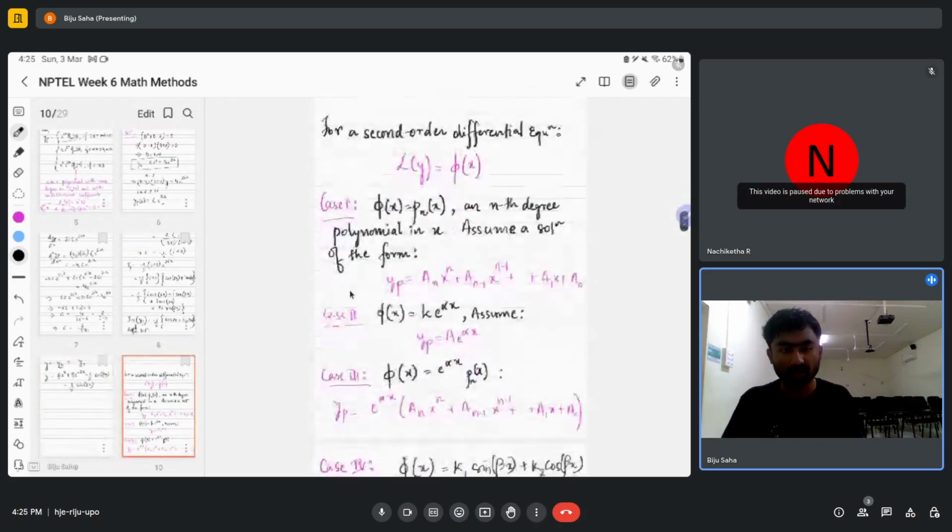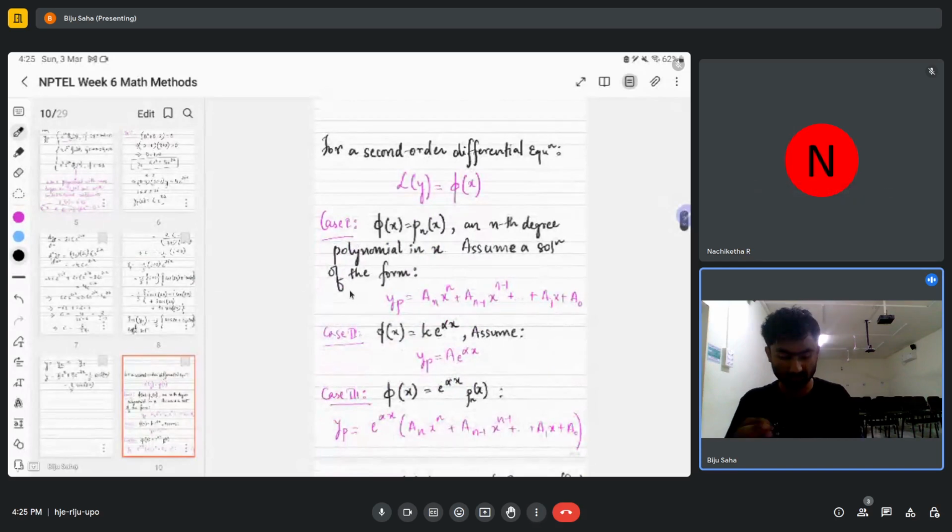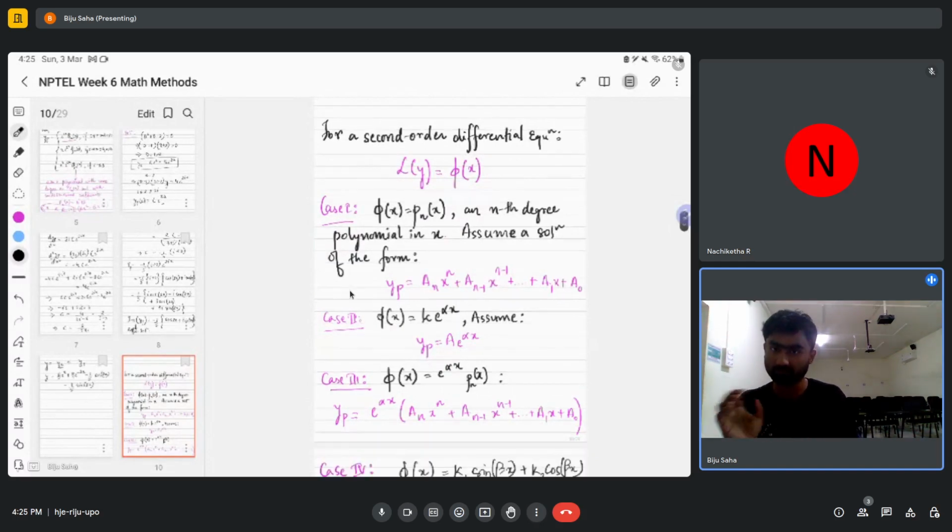Now let us come to another topic. In the previous topic we discussed when f(x) has a certain specific form, mainly based upon an exponential raised to some power of x. But had f(x) been any general function, how would your approach be?